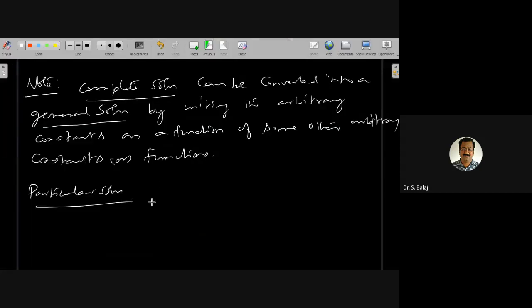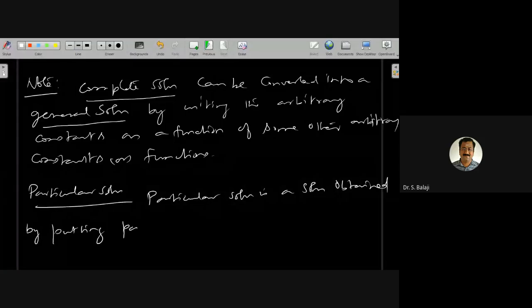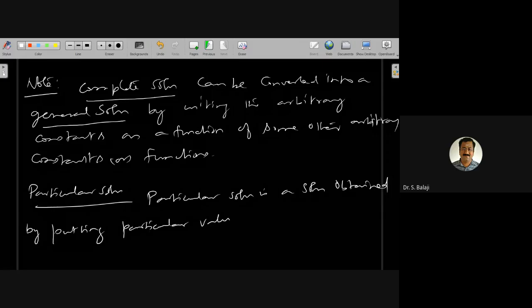It is a solution obtained by putting particular values to the arbitrary constants of the complete solution. Such solutions are called particular solutions.